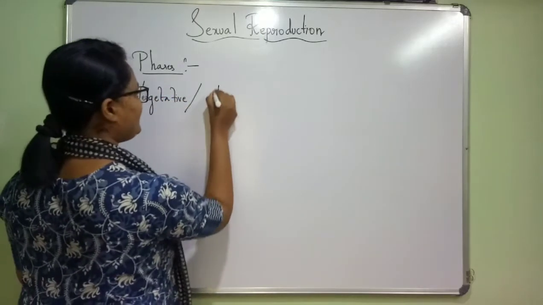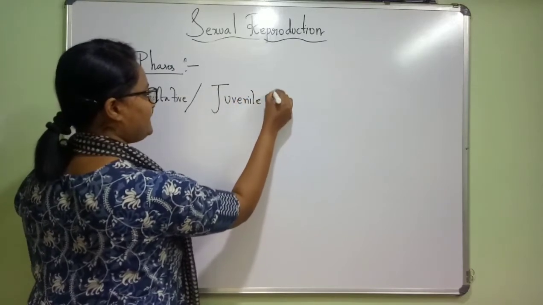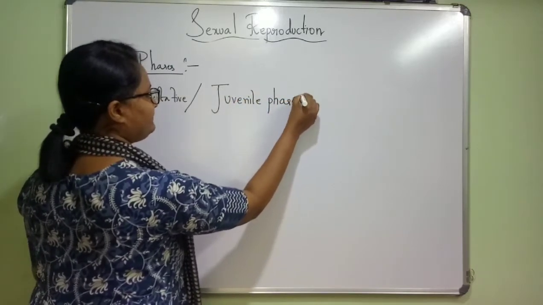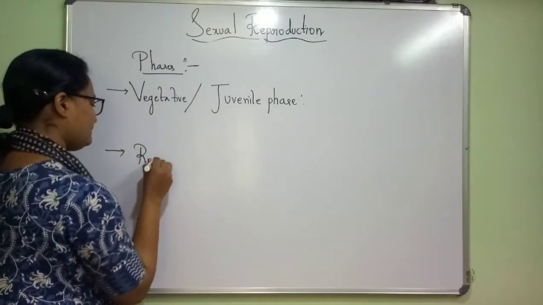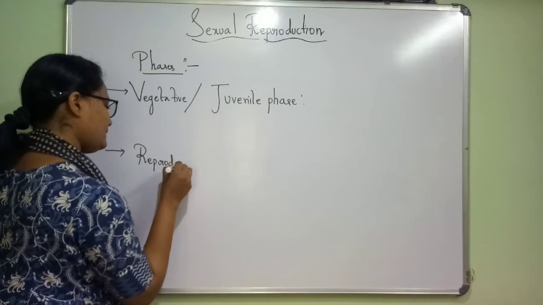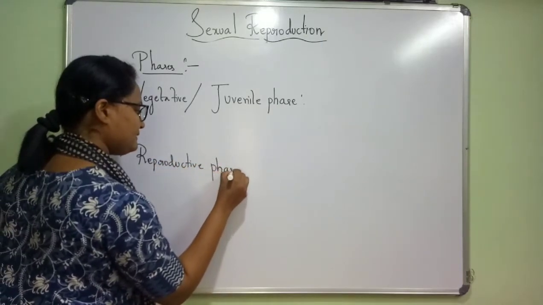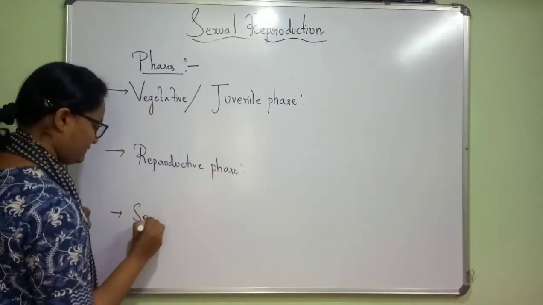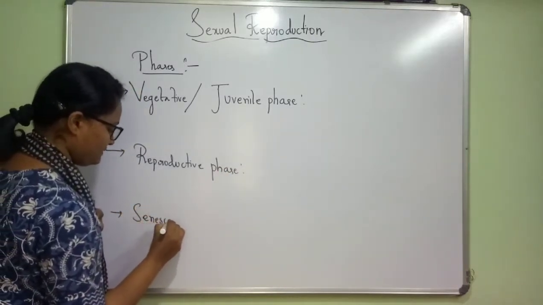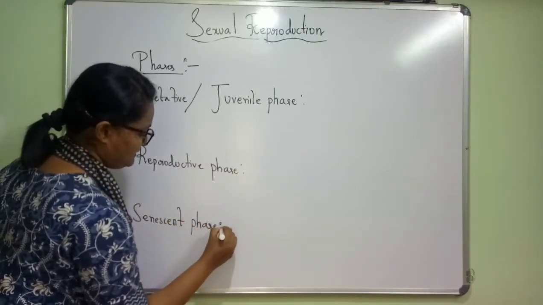Vegetative phase or juvenile phase, reproductive phase, and senescent phase.